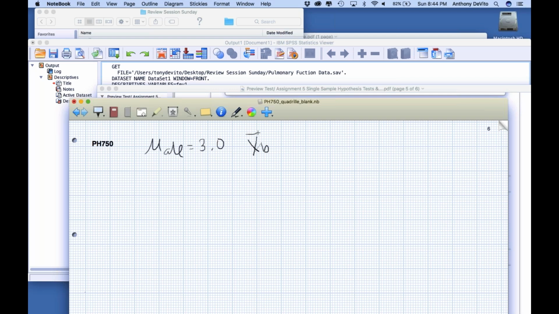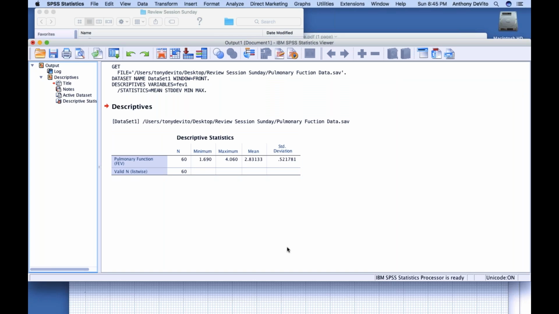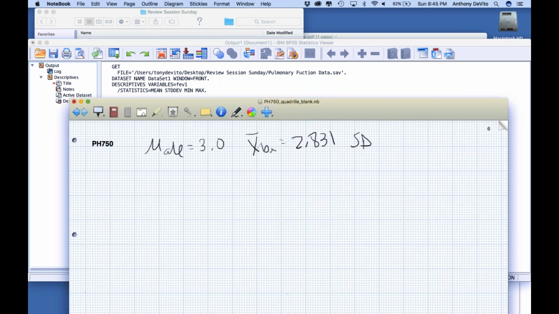X bar equals 2.831, and standard deviation for my sample was, I forgot it already, was 0.52. So I'm going to take a look at this.